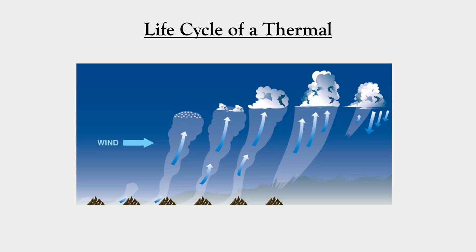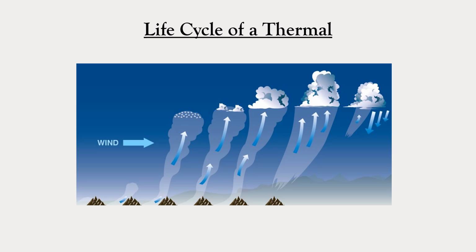Here we've got a thermal in the second picture that's formed a little bit more, and it's extending up to a higher altitude. And these little bits that look like snow up here are showing that it's just reaching a point where there is condensation starting to happen.